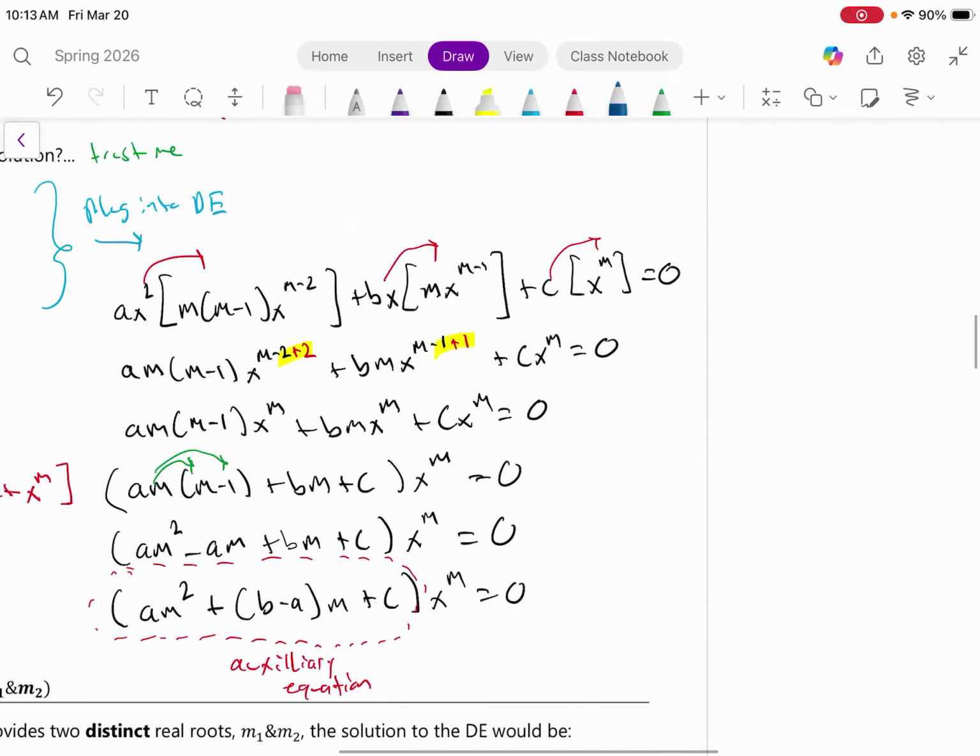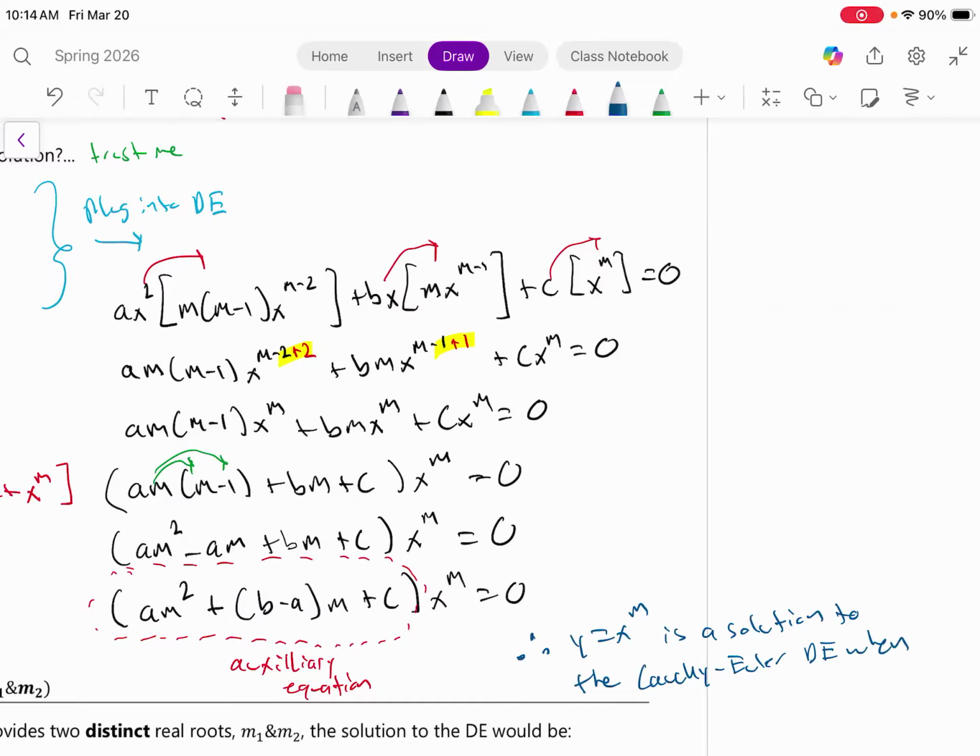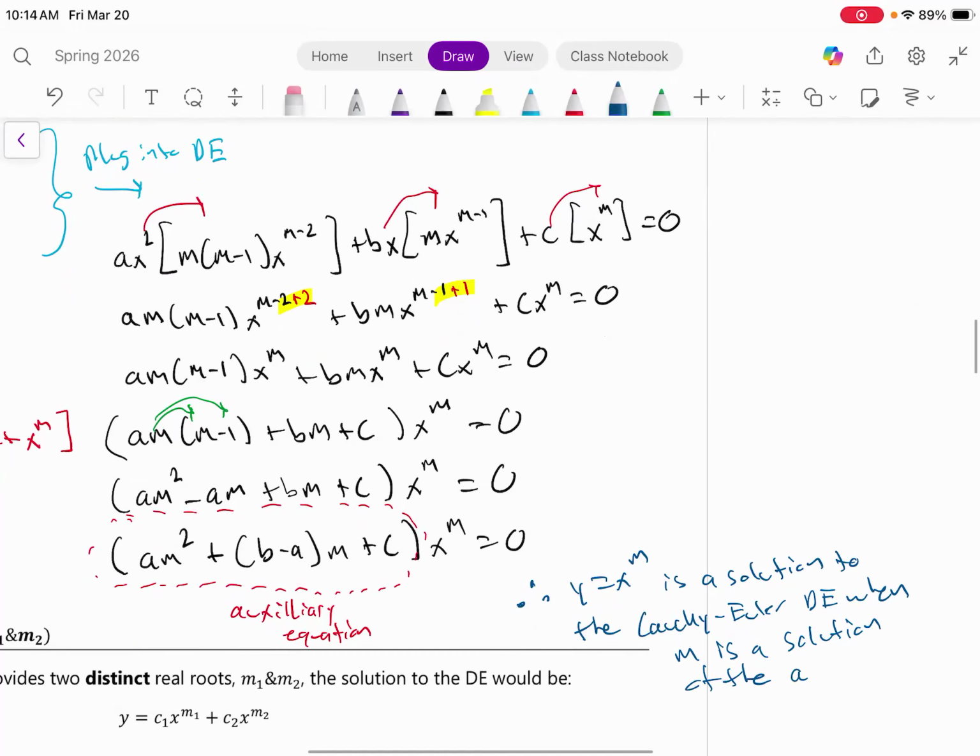So the way this works is that, therefore, y equals x to the m is a solution to the Cauchy-Euler differential equation when m is a solution of the auxiliary equation.